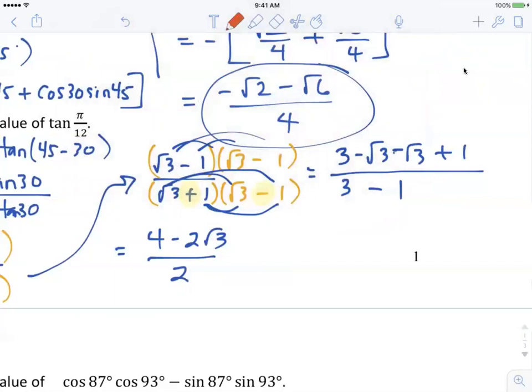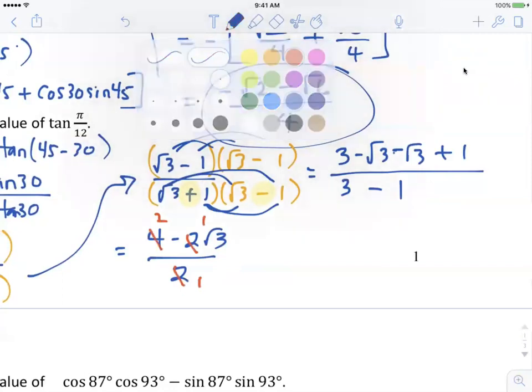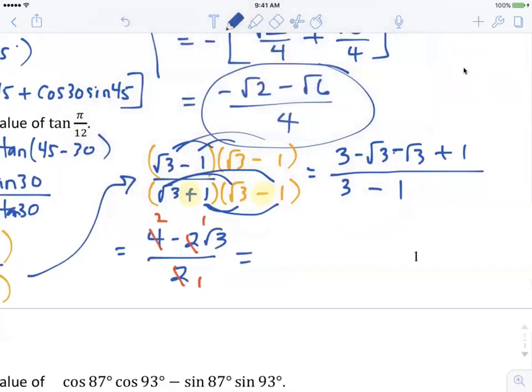Since the 4, the 2, and the 2 are all divisible by 2, you can divide them all by 2. 2 divided by 2 is 1. 2 divided by 2 is 1. 4 divided by 2 is 2. Okay. Finally, what do we got here? We have 2 minus 1 root 3, which is just 2 minus root 3 all over 1. I don't have to write over 1. There. Whew. Final answer. I'm tired.